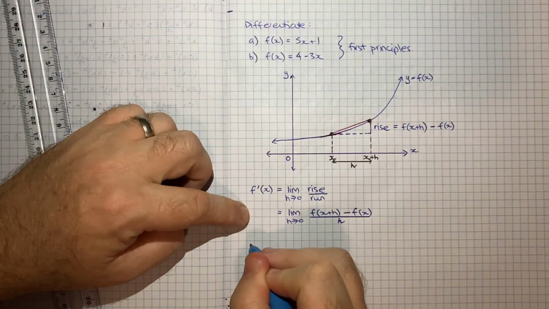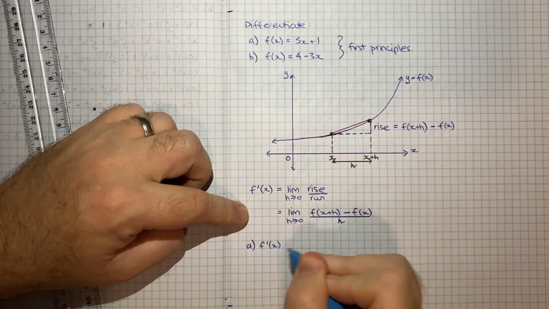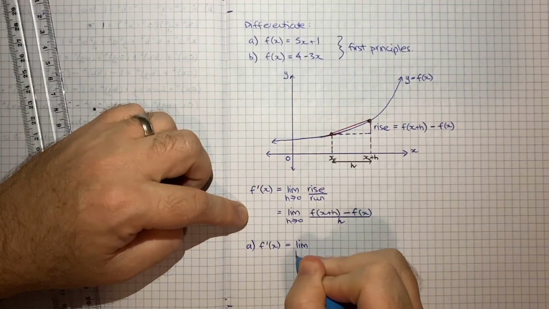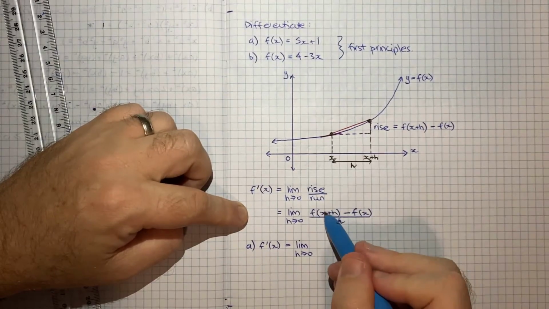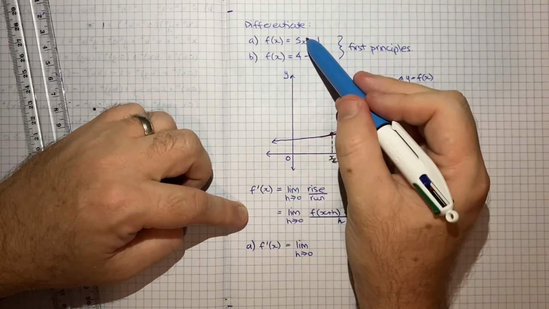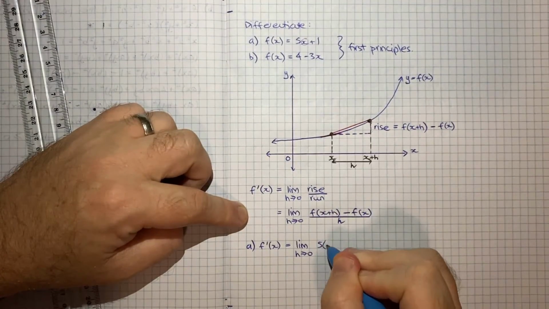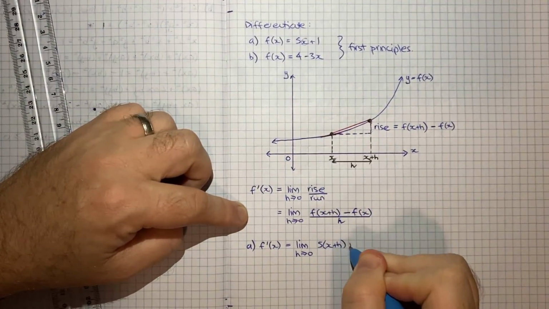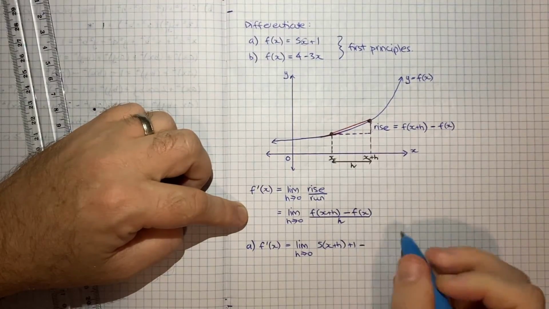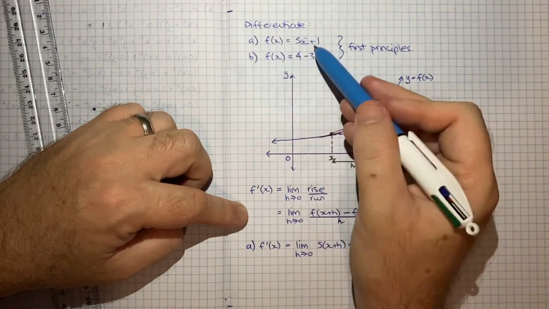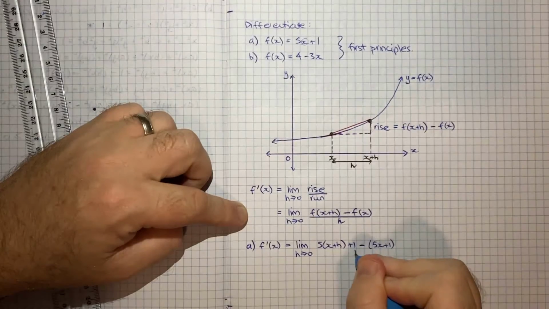So for part A, we say that f dash x is equal to the limit as h goes to 0 of f of x plus h, and wherever I see an x, I just put x plus h. So we get 5(x plus h) plus 1, that's our f of x plus h, minus f of x, which is exactly what we were given, so minus (5x plus 1), all divided by h.